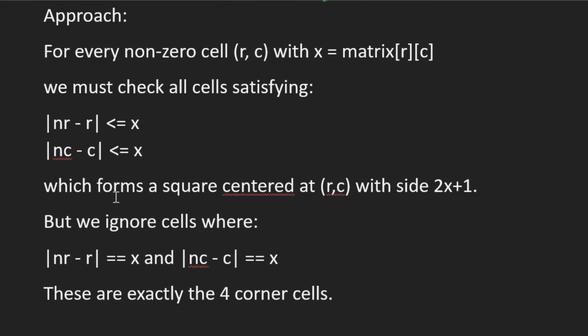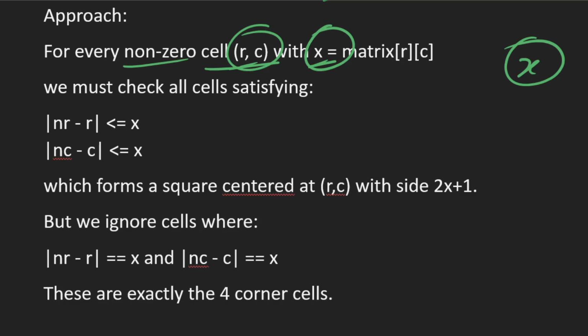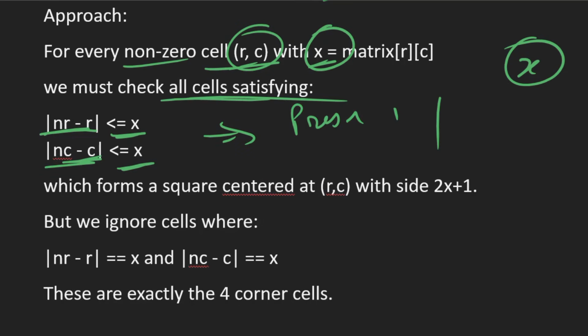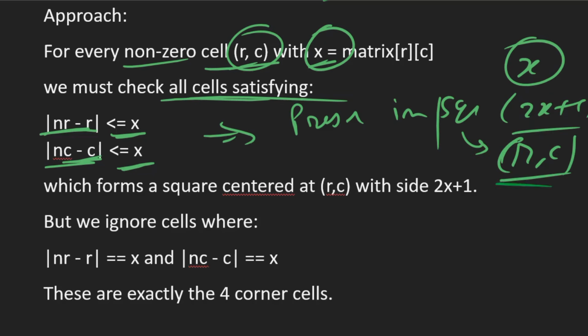Now what we have to do is, for every non-zero cell (r, c) having value x, we have to check all the cells whose row distance is less than or equal to x and whose column distance is less than or equal to x. That means they are present in a square of side 2x plus 1, having center at (r, c).